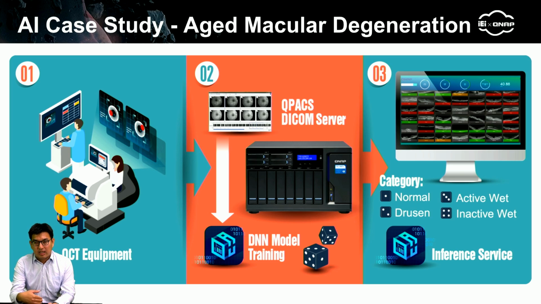And then you have the model, and the result you can show in the third part. And then the medical images can automatically be sorted into different categories. And that's the inference part, which doctors can use as decision support.